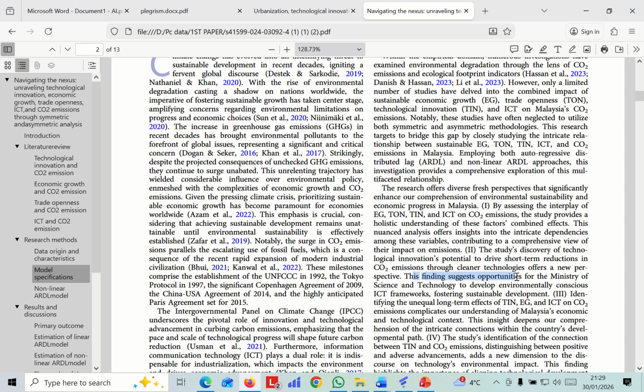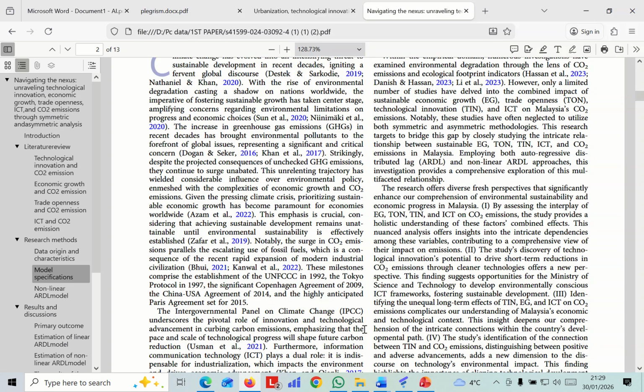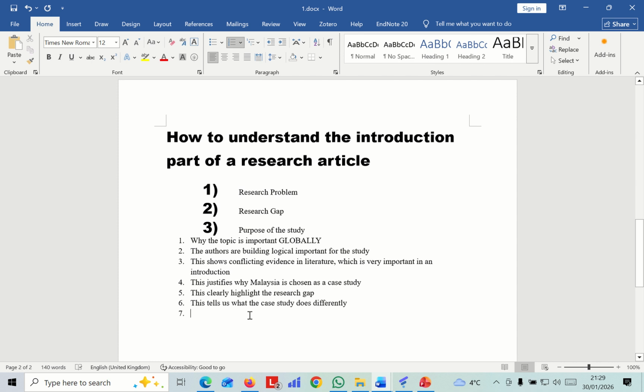Thus, this study suggests opportunities for ministries, meaning these are policy recommendations for policymakers. What is the key point of this area? This shows the academic and policy value of the research.